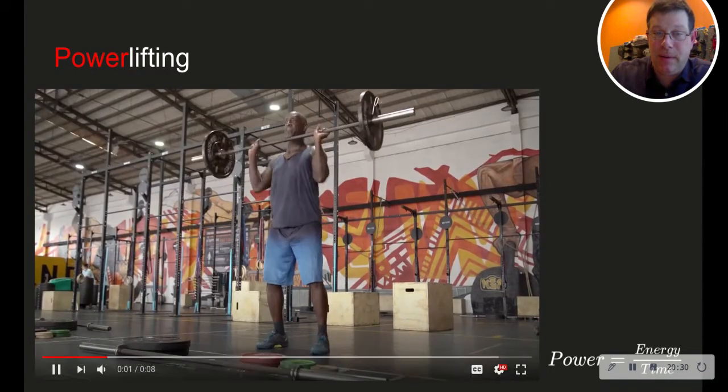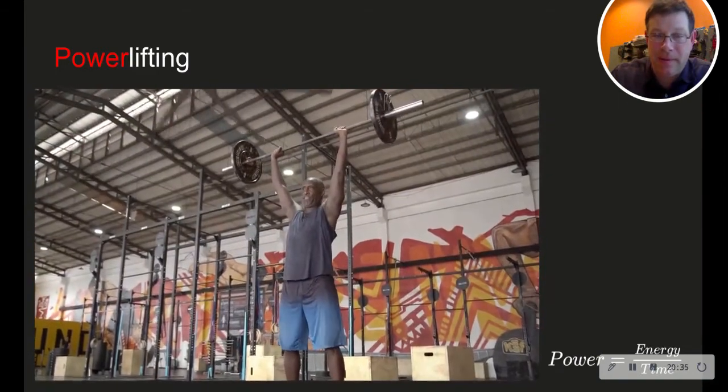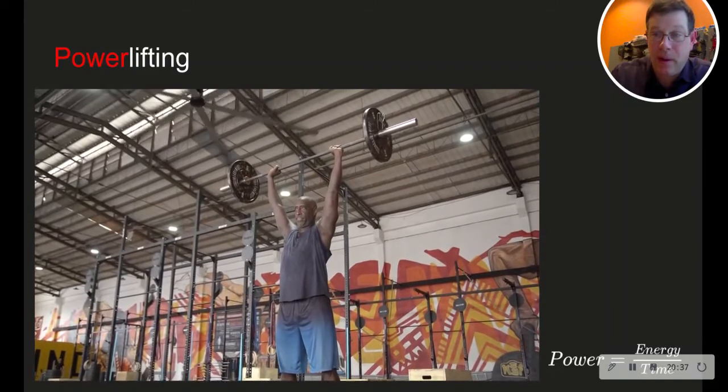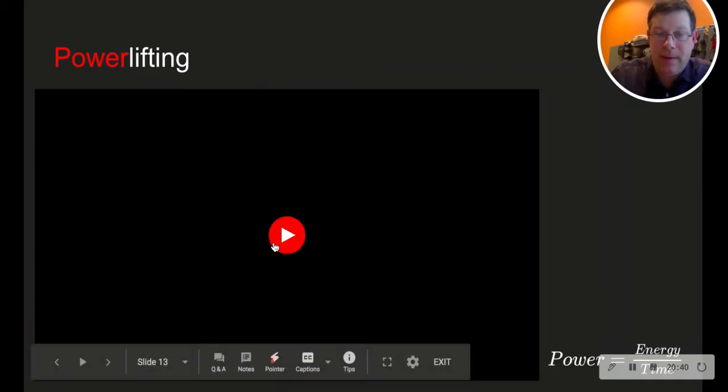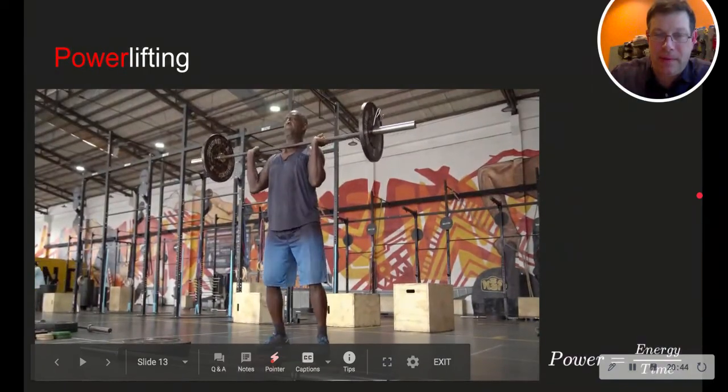Powerlifting is a great example of high power and low energy. Right here, the weightlifter quickly yanks up a weight in just a few seconds.